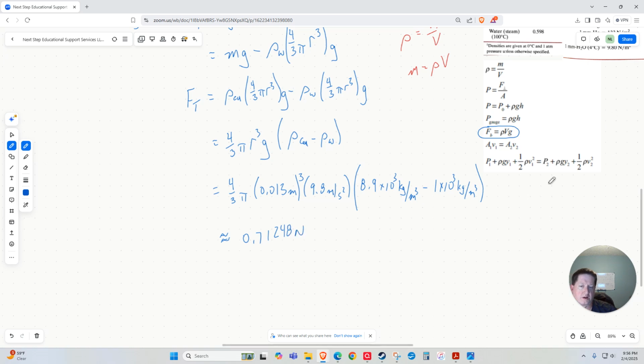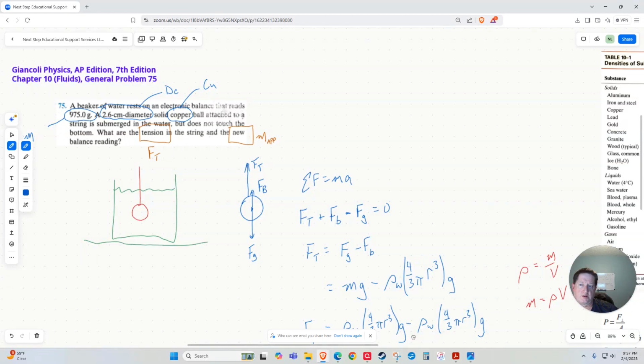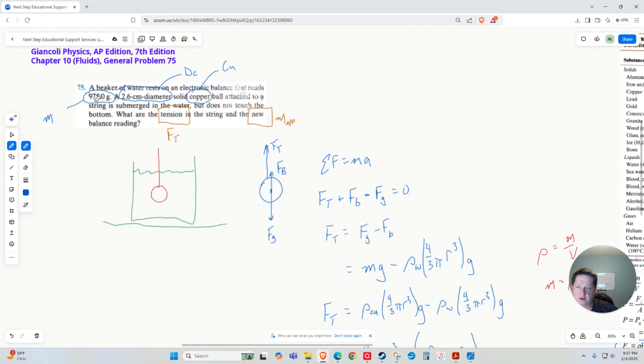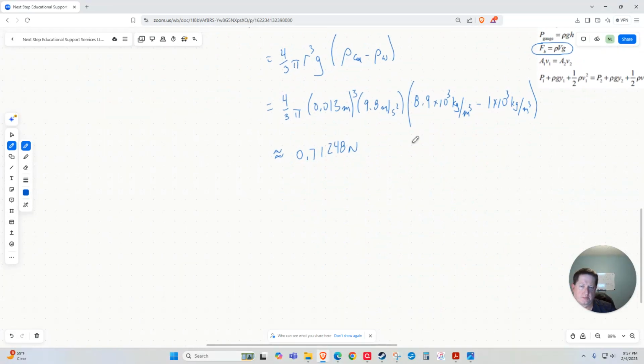That is a very small quantity of force. In our problem, we got 4 significant figures there, but we only have 2 significant figures there on the diameter. So we're going to round this to 2. And our force of tension in our cable on the copper is going to be approximately 0.71 newtons. Now that takes care of that part of the question.